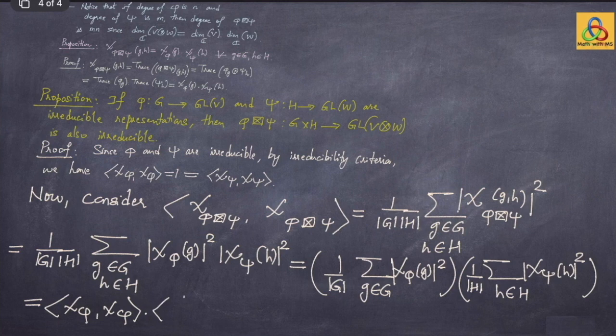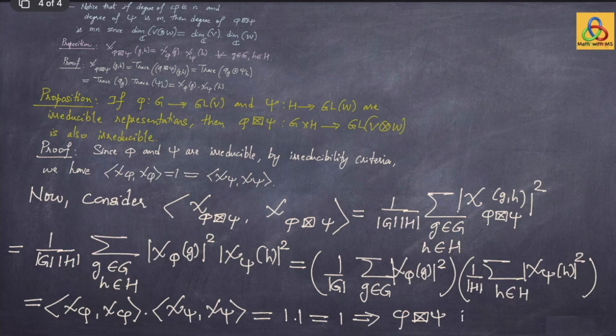But this is just the same as the inner product of chi phi with itself times the inner product of chi psi with itself, which is 1 into 1, that is 1. So by the irreducibility criteria, it turns out that the exterior tensor product of two irreducible representations is again irreducible.